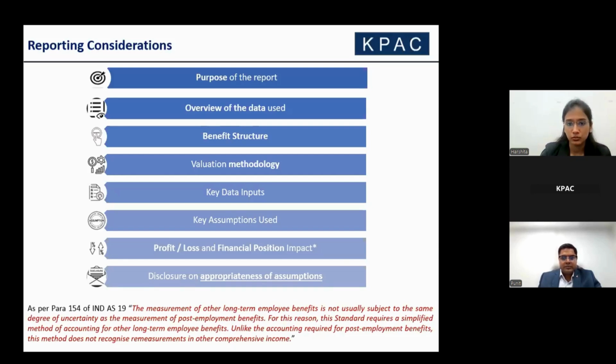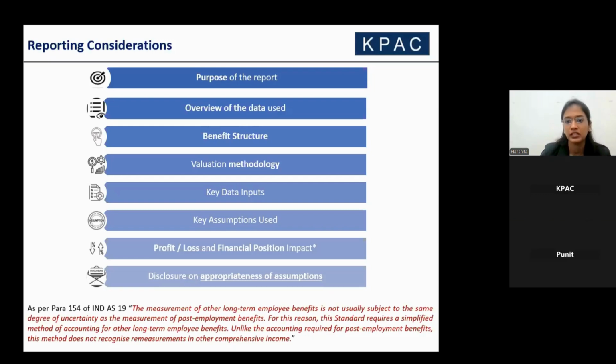Key assumptions used, a transparent presentation of all financial and demographic assumptions, coming down to profit and loss and financial position impact. So showing how the actuarial liability affects your income statement and balance sheet. And lastly, disclosure on appropriateness of assumptions.